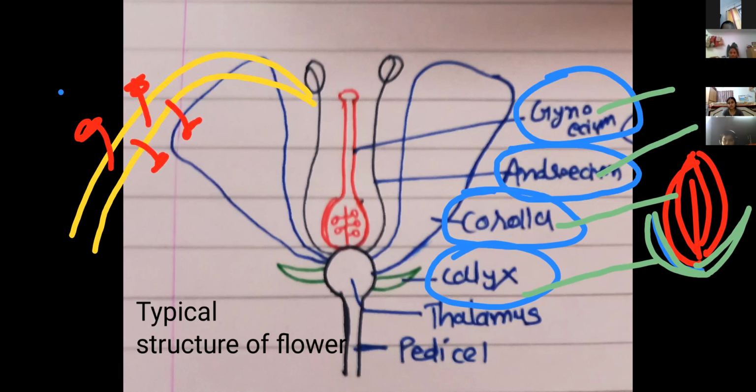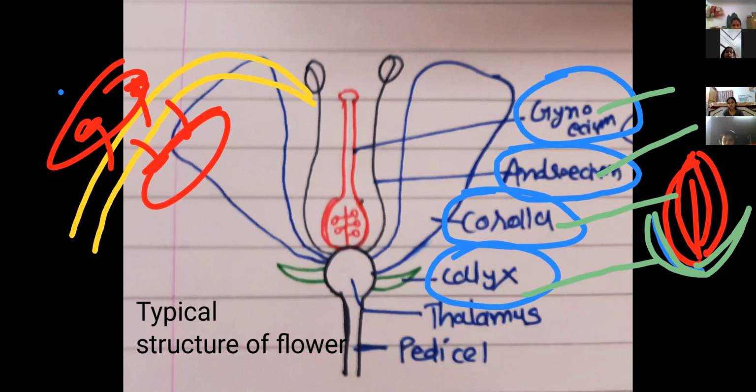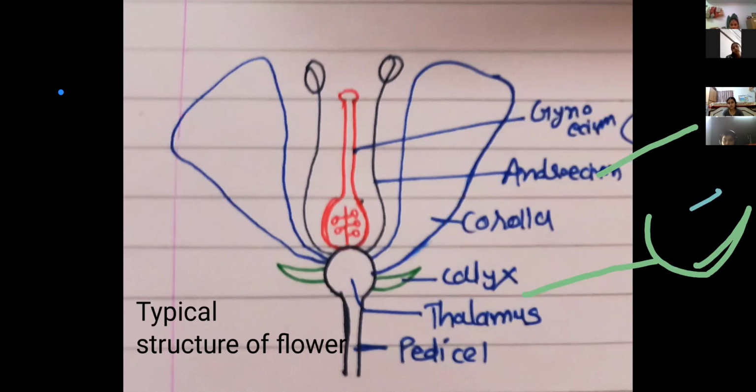Have you ever observed this? On the stalk, this type of structures are arranged in hibiscus. Yes or no? These are androecium. Okay. Next, first remember the sequence, outer to inner. Outer whorl calyx, then corolla, then androecium, and innermost whorl we call the gynoecium.